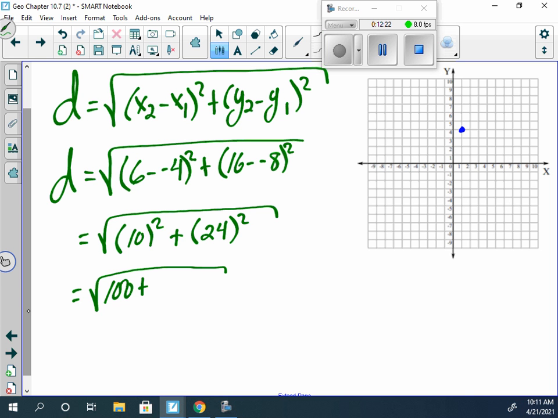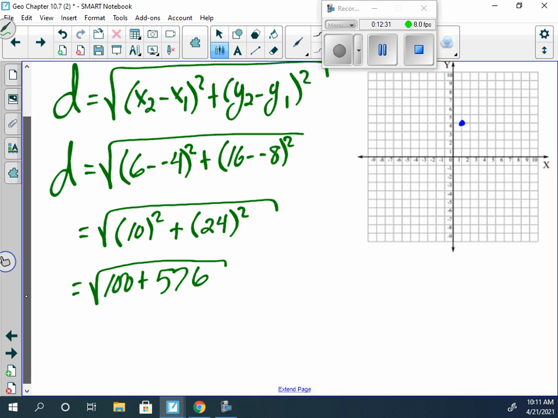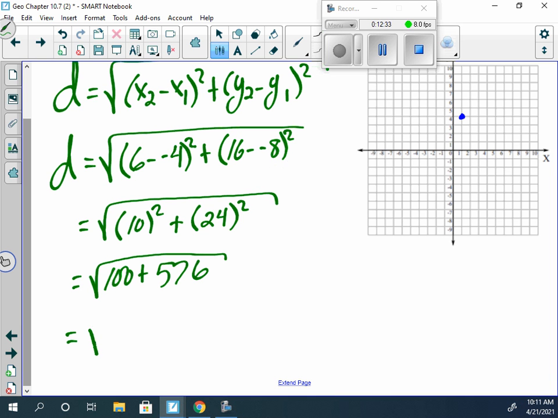And 24 squared, I do not know off the top of my head. 576. If we add these two together, we would get the square root of 676, which is 26. Yes? Works out to be exactly 26.